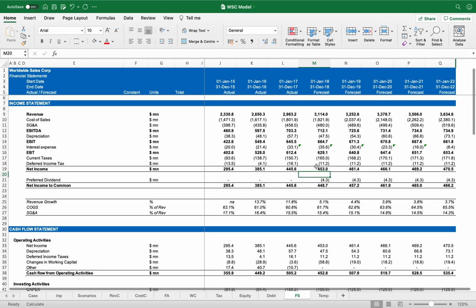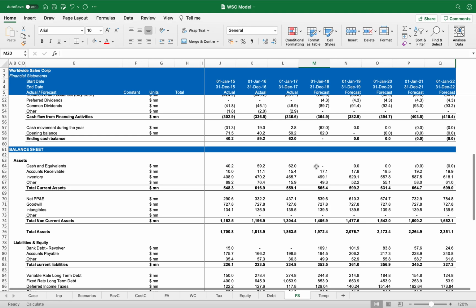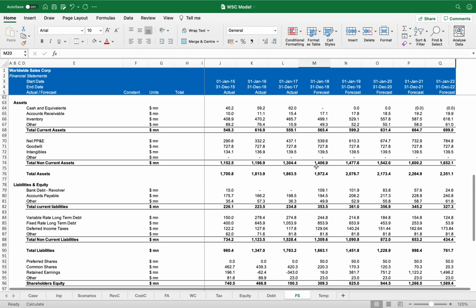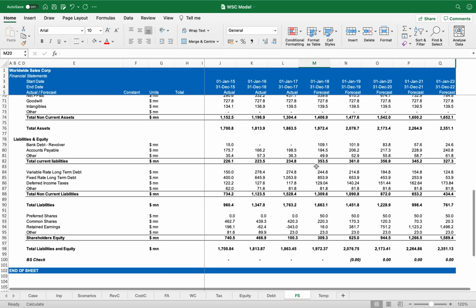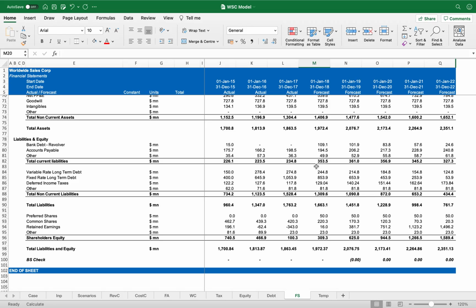So that's it. So let me check if my balance sheet is matching or not. And as you can see, my balance sheet has matched. That's amazing, isn't it? So it never matches in my exam, right? But here we have perfectly matched the balance sheet. Okay?